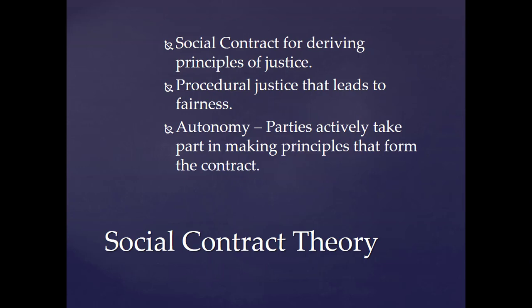And they actively take part in making the principles that form the contract. So you can imagine it as a hypothetical scenario where people get together to form the principles of justice, and there are certain rational constraints that they must abide by when coming up with them. Whatever comes out of this procedure are the justified principles of justice.